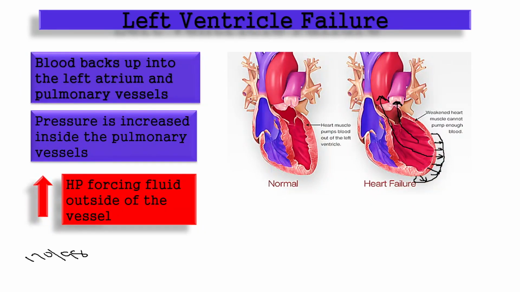And then from the pulmonary veins back into the lungs. So increased hydrostatic pressure forcing the fluid outside of the vessels is already happening. And this heart is just losing its punch. And that's left ventricle failure.